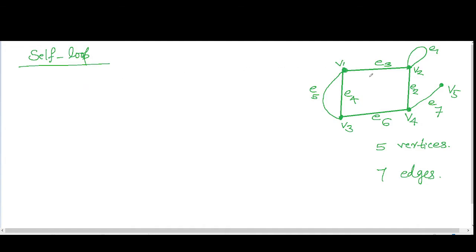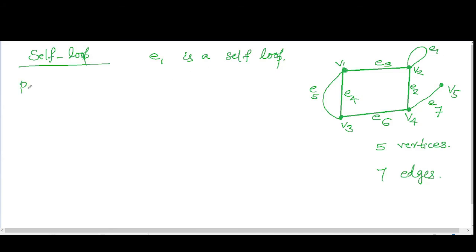That means in this graph you can see that the edge E1 has both ends as V2. An edge having the same vertex as both its end vertices is called a self loop. So in this figure E1 is a self loop because both its end vertices are the same.